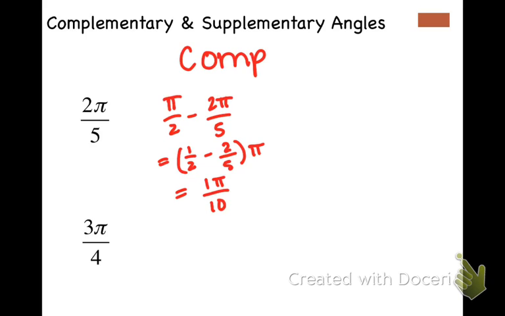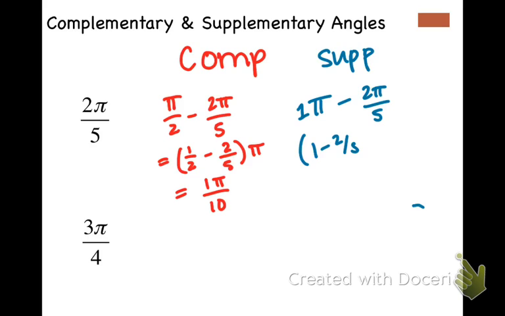If I want to do the supplement, I'm not going to subtract from pi over 2 anymore. This time, for the supplement, I want to subtract from pi. So it's pi minus 2 pi over 5. Well, everything has an invisible 1 in front of it. So I can do 1 minus 2/5, all in front of pi.